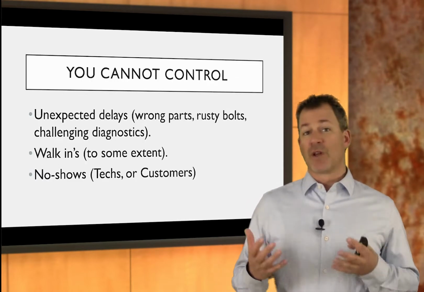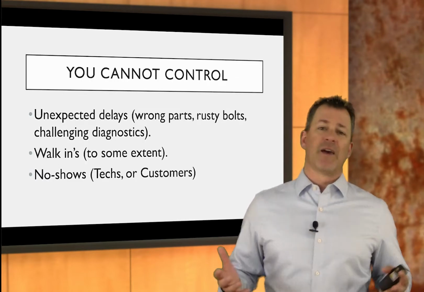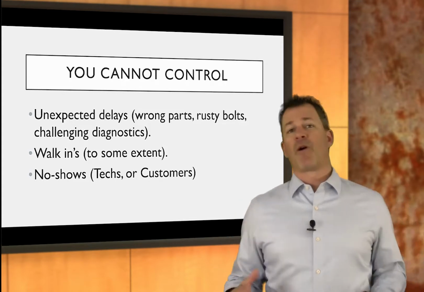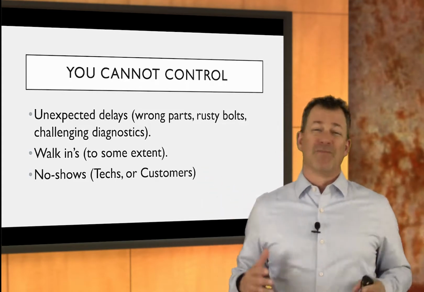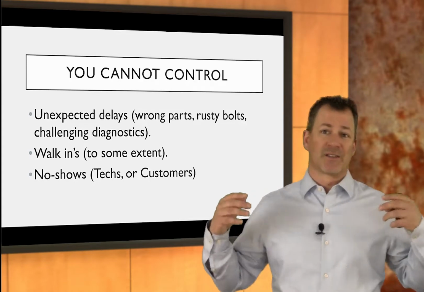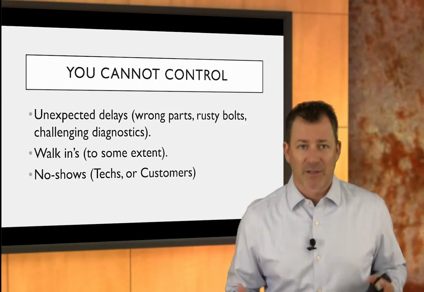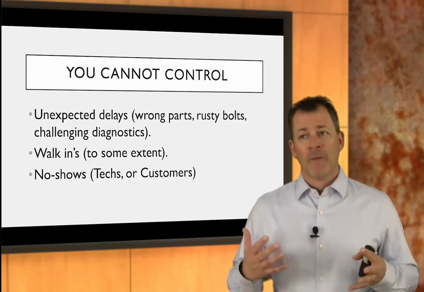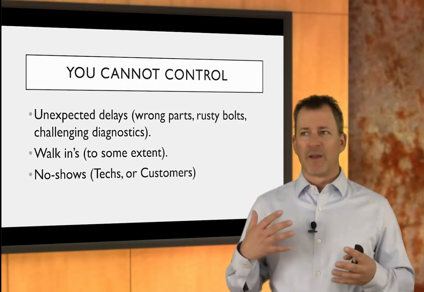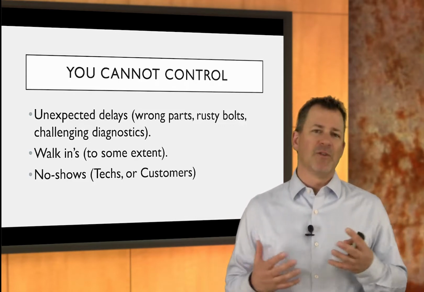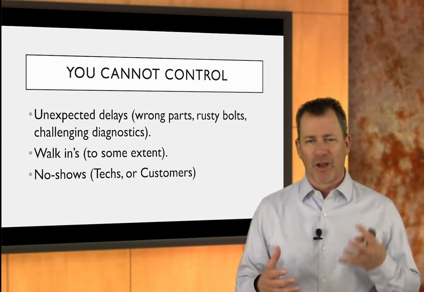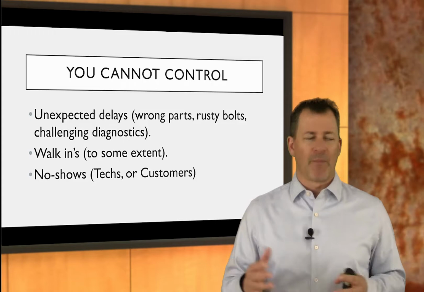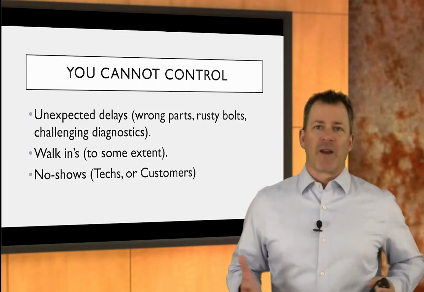There are a lot of things that you cannot control. Those unexpected delays, the wrong part got sent, or the parts delivery guy got lost, or rusty bolts, challenging diagnostics, something went wrong we just didn't expect. Whatever it might be. There's the walk-ins, and again, that's to some extent. You can, and I don't want to use that train word. Shops say, oh, we train our customers to drop off. Let's not talk about training customers.